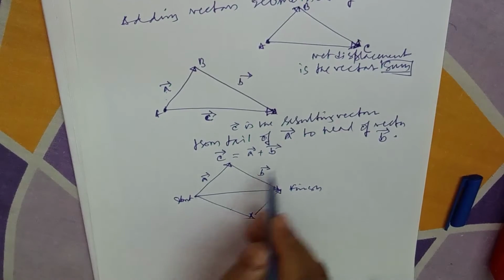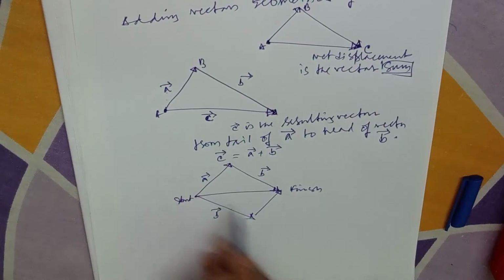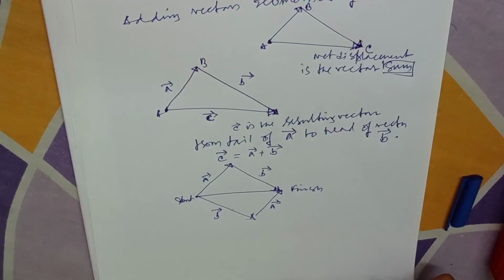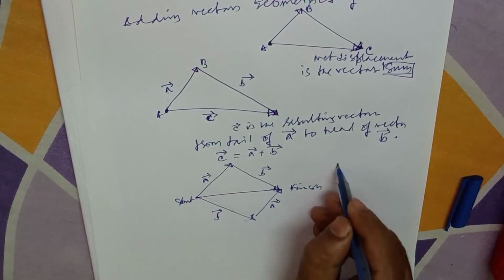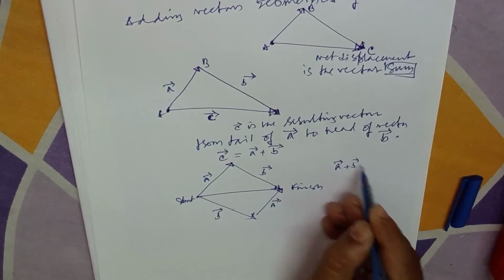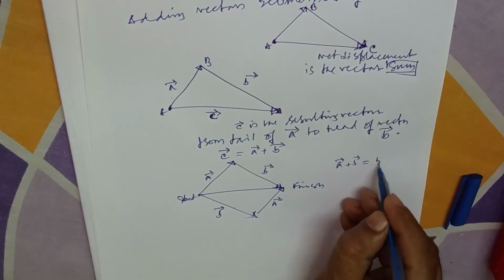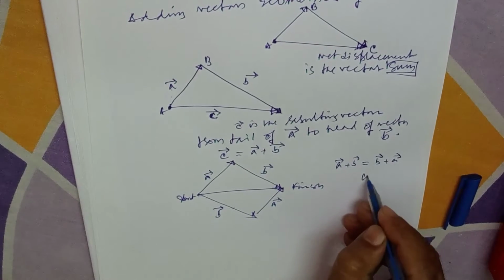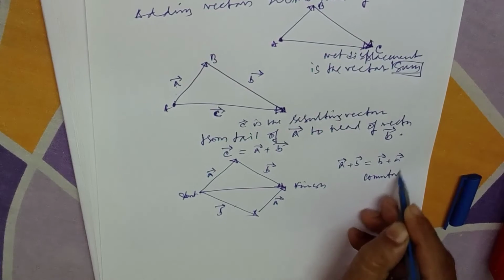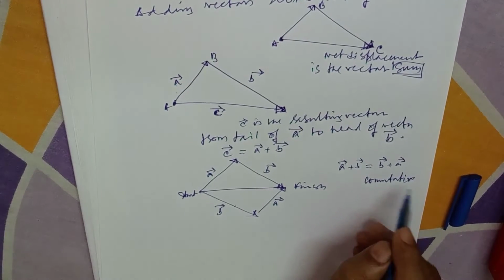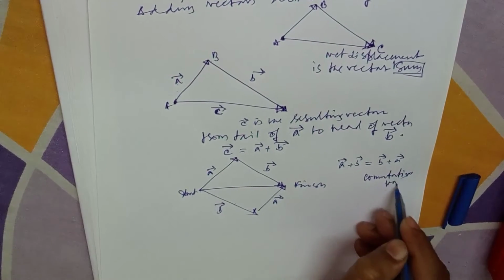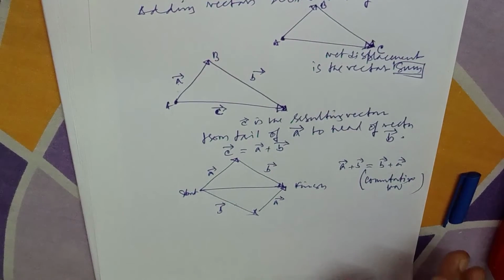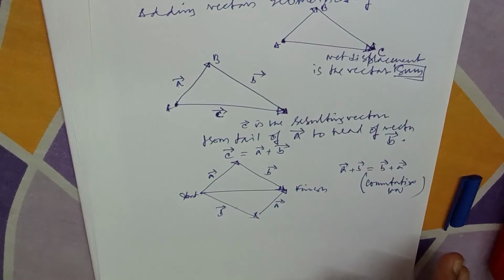We know by the theory of parallelogram, this is vector B and this is vector A. So vector A plus vector B is equal to vector B plus vector A. Mathematically, we know this is called the commutative law. So vectors obey the commutative law also.